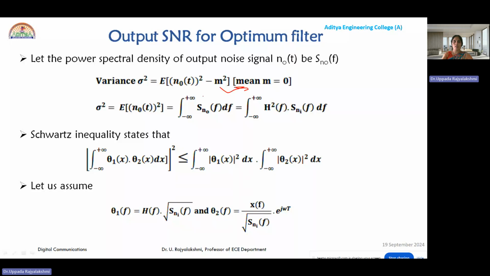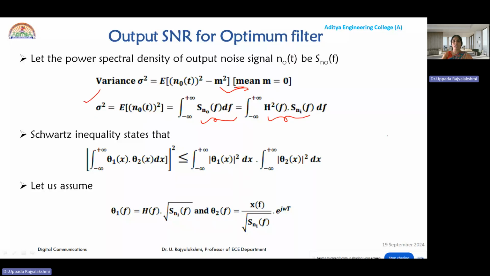But the mean is 0 here. So sigma square can be written as the expectation of n0(t) whole square, which is nothing but the integration of the output noise PSD, where the output noise PSD is nothing but the product of the square of the transfer function and the input noise PSD. So now you are familiar with x0(t) whole square and sigma square.